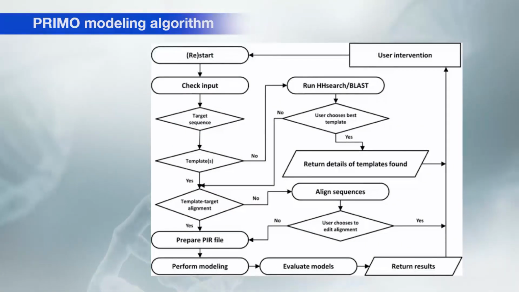The whole thing is explained in the flow chart, which depicts the modeling algorithm incorporated by PRIMO. The steps involved in modeling using PRIMO can be seen as an interactive process in which the user can supply and edit input as they see fit, while PRIMO chains these steps together to model protein targets of interest.